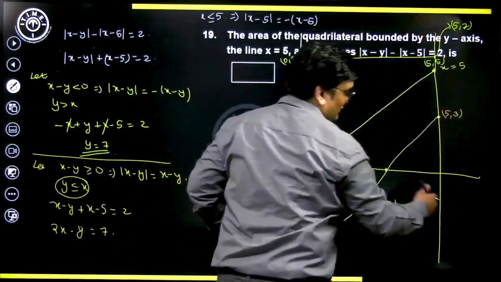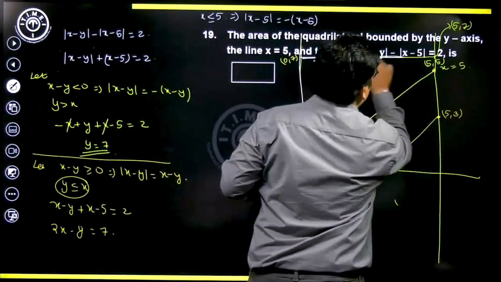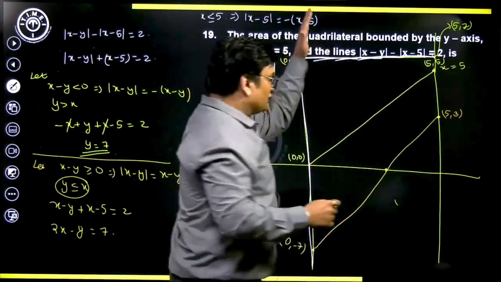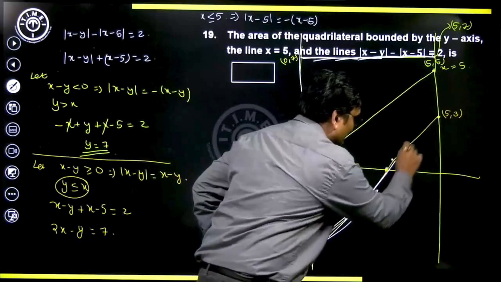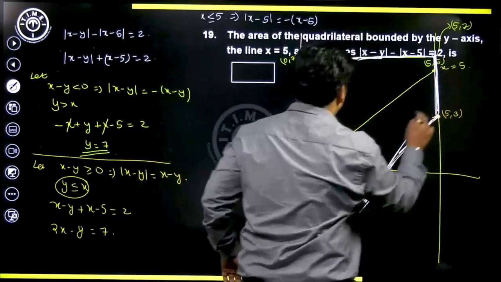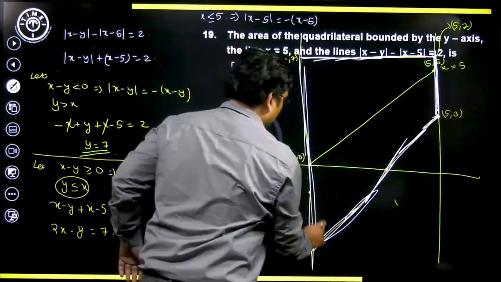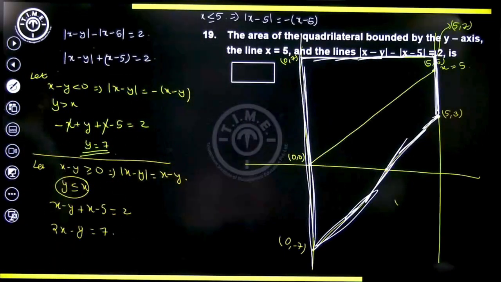On the right, this is the boundary. On the top, this is the boundary. And on the bottom, this is the boundary. I hope you can see that. So the quadrilateral that I am talking about is this quadrilateral that I am highlighting, in white. He is asking us for the area of this quadrilateral.